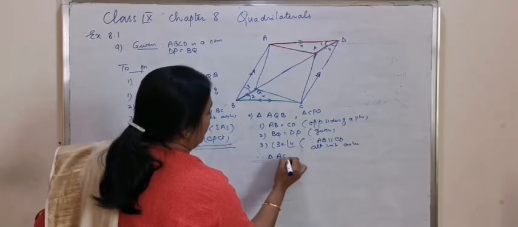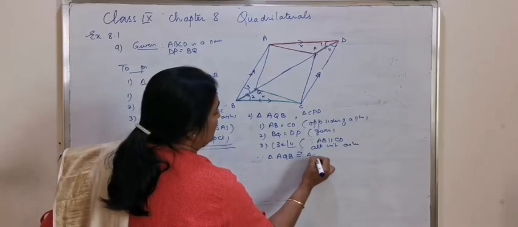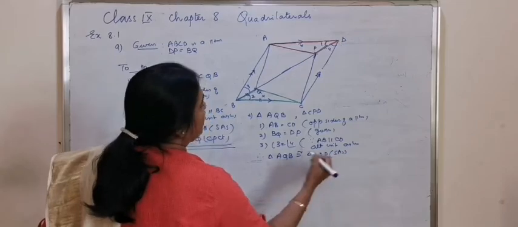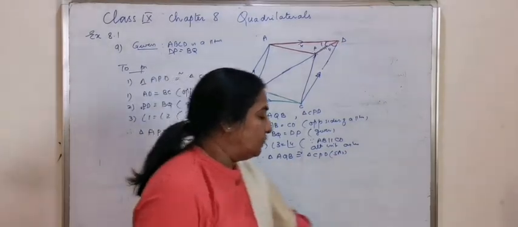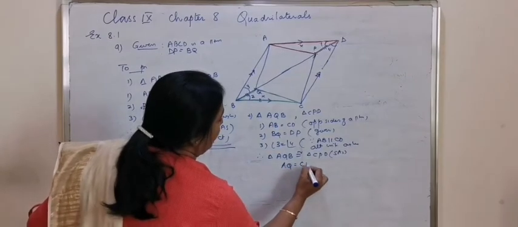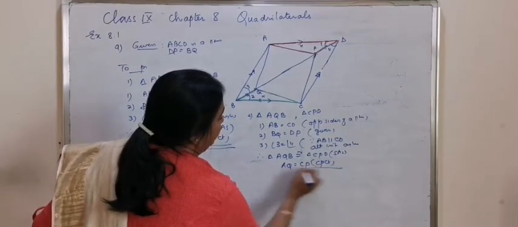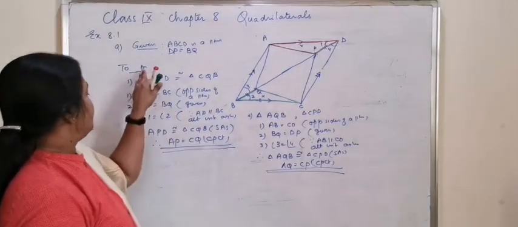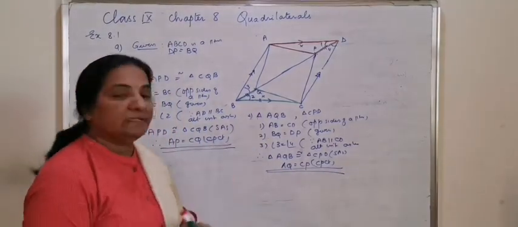Therefore, triangle AQB is congruent to triangle CPD by the same SAS criterion, and the fourth part, AQ is equal to CP, by CPCT. So that was the first part, second part, third and fourth.